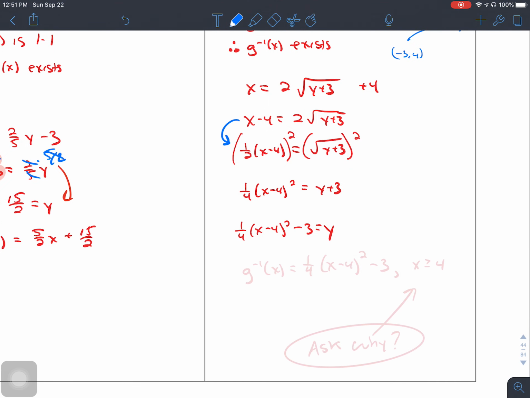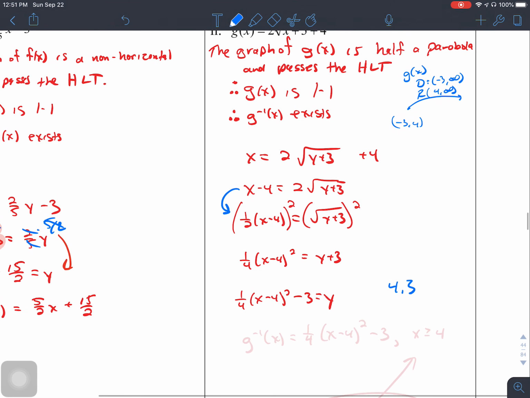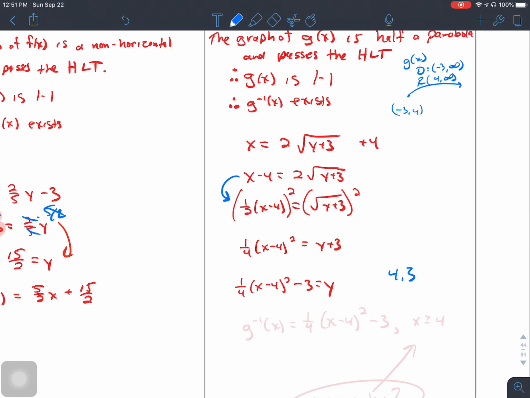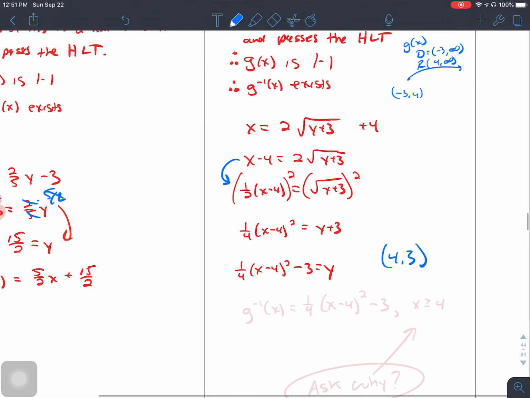Now, if you were to graph this, this would be a parabola with the vertex at 4, 3. Did I make a mistake? I feel like it should be, I'm sorry, 4, negative 3, yeah.